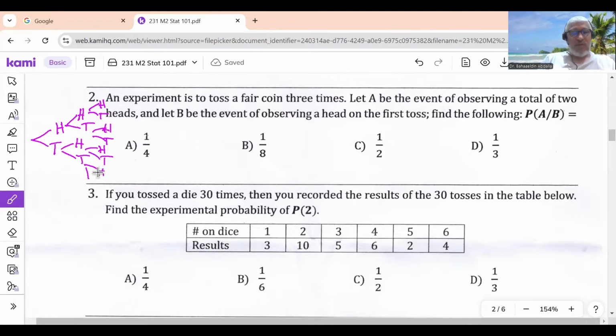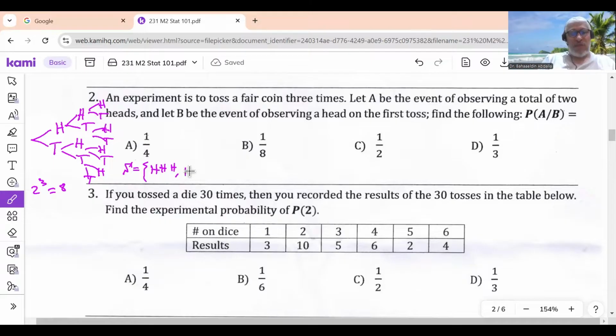Usually with coins, if you toss 3 coins, the number of outcomes would be 2 to the power 3, which is 8. And you can write all of these outcomes. So sample space S would consist of, we have HHH, this is the first possibility.